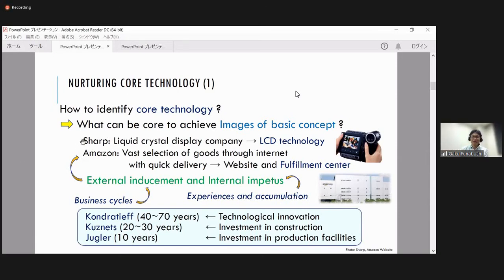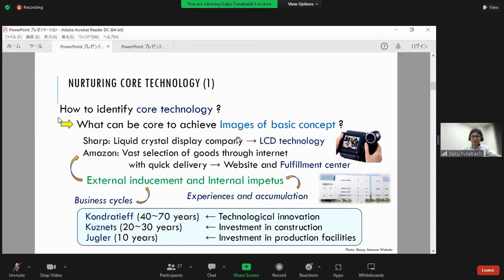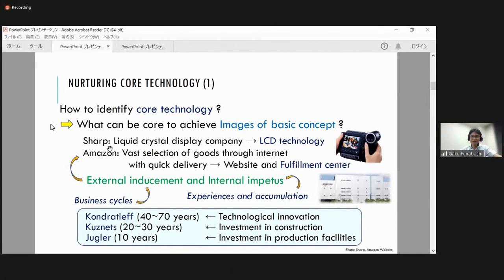Another case, Sharp. I also introduced the case of Sharp. Their image of basic concept was Sharp as the liquid crystal display company. This kind of LCD. Then, if they have this kind of image of the basic concept, their core technology should be these LCD technologies.